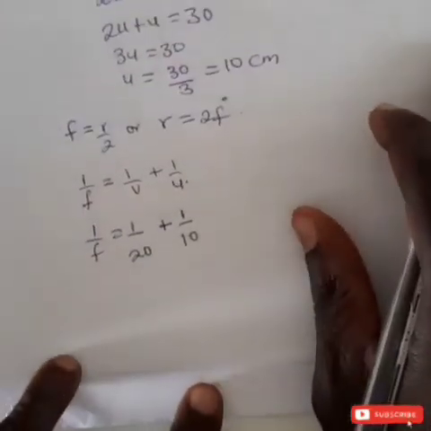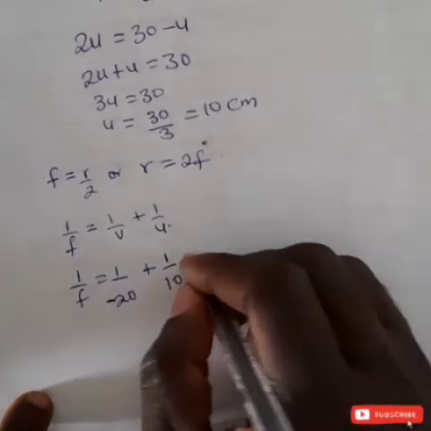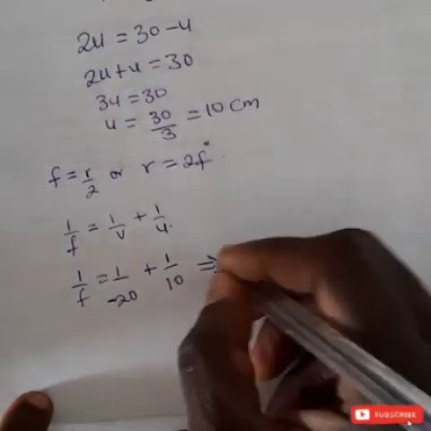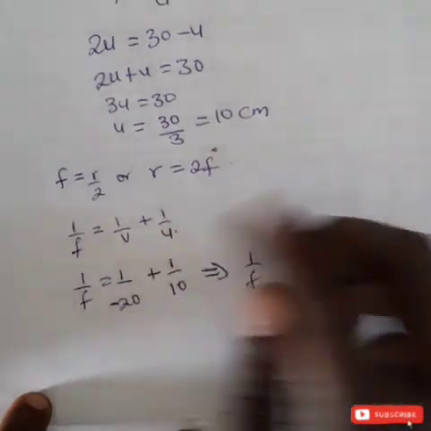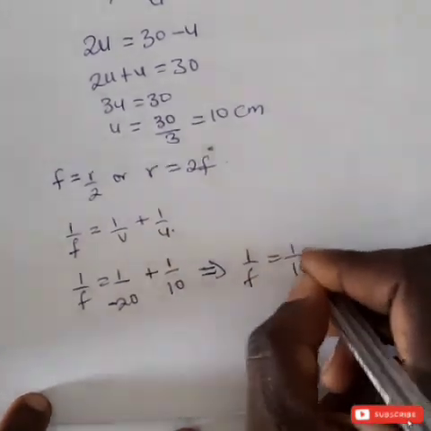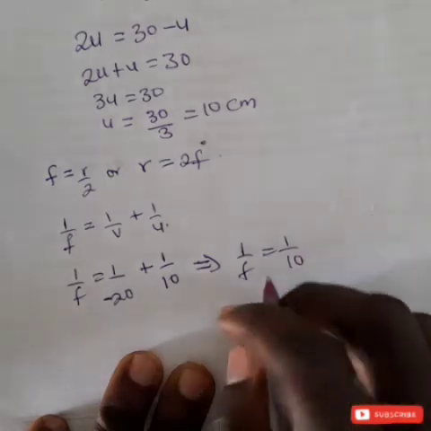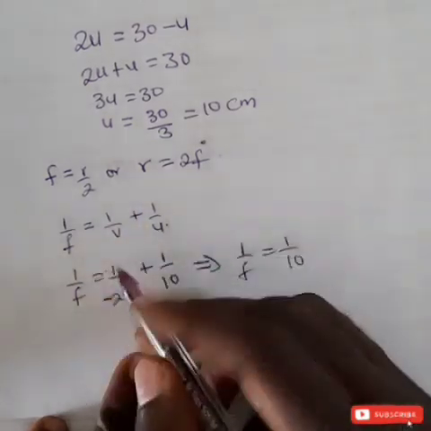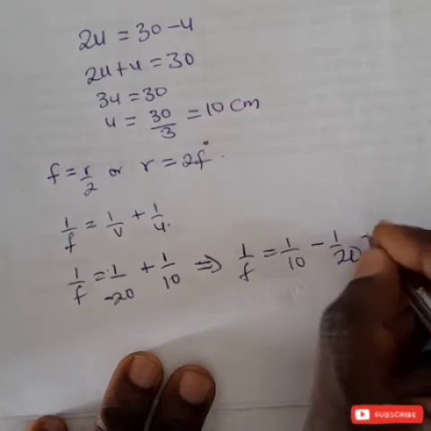So I'm going to place minus 20 here. When I rearrange this, I'm going to have 1 over F, let me write the positive part first, equals 1 over 10. Then I have plus, plus divided by minus is minus, so I'm going to have minus 1 over 20.